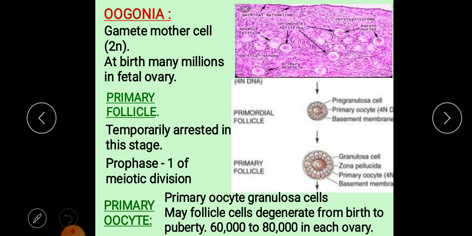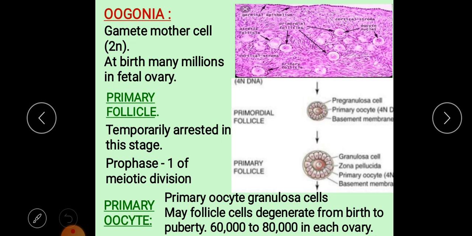In the second month of fetal or embryonic life, these numbers increase, dividing and forming 6 lakh primary follicle cells. As the fetus keeps growing and reaches the fifth month of embryonic life, it reaches millions of primary follicle cells.